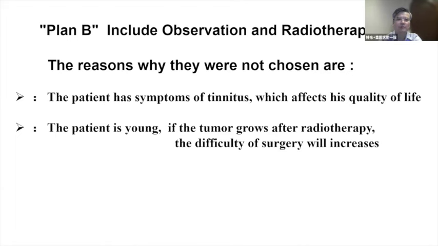Plan B includes observation and radiotherapy. The reason why they were not chosen: the patient has symptoms of tinnitus, which affect his quality of life. The patient is young. If the tumor grows after radiotherapy, the difficulty of surgery will increase.